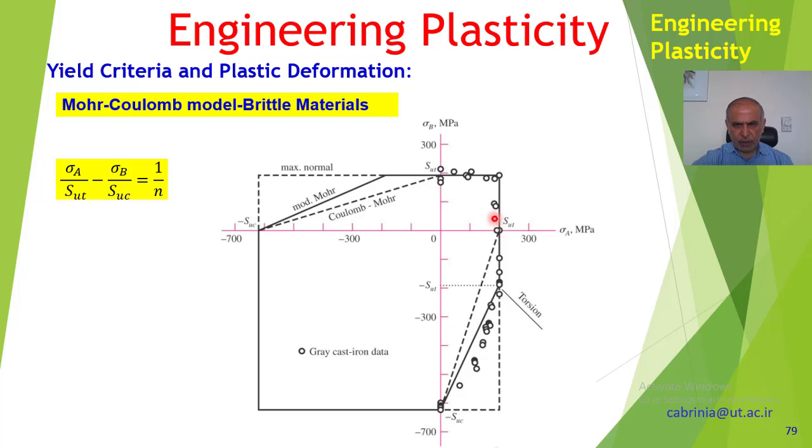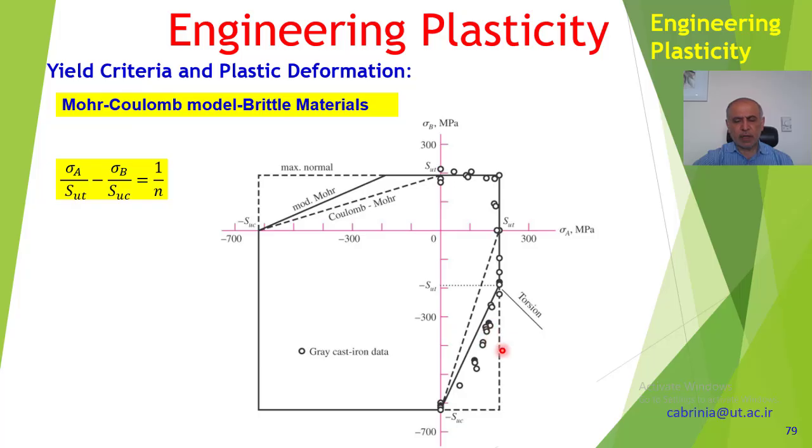As you can see, these values in the positive quadrant are good for the normal criterion, also for the Mohr criterion, modified Mohr criterion, or Coulomb-Mohr, all coincide together. Okay, here we have no problem. But in here, the data in here, as you can see, these are the experimental data. The maximum normal doesn't give any good results because the maximum normal doesn't cover these.